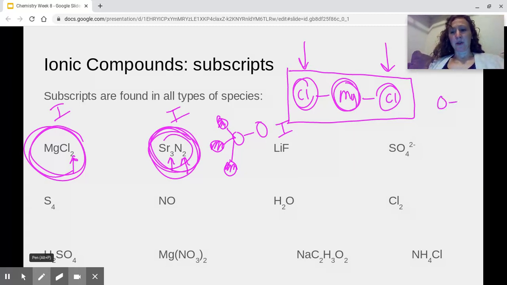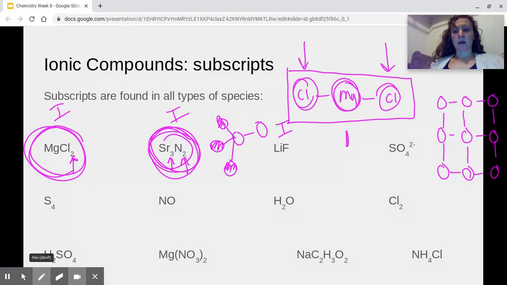Remember, they're really going to exist in a big lattice that has lots of these things present. So what those subscripts are indicating for ionic compounds is the ratio. For every 1 magnesium in your lattice, you're going to have 2 chlorines. It's indicating a ratio in your lattice.